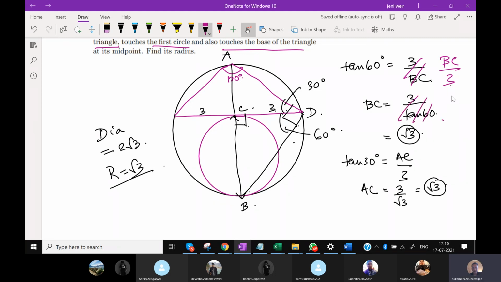So that means BC would be 3 tan 60, which is 3 root 3. So that means this would be 3 root 3 plus root 3, which is 4 root 3. The radius would be 2 root 3.